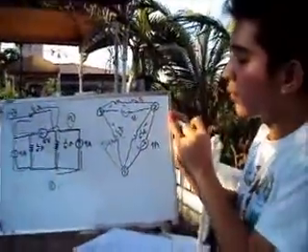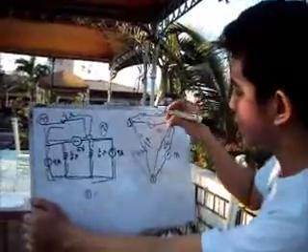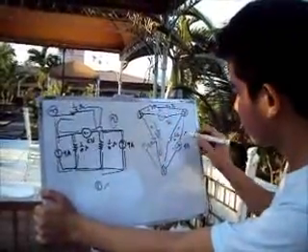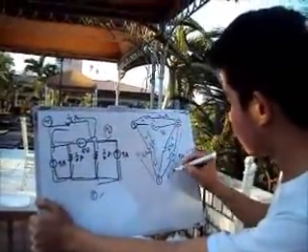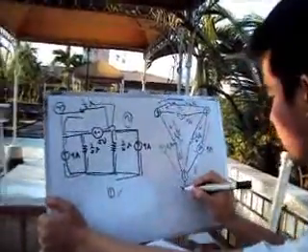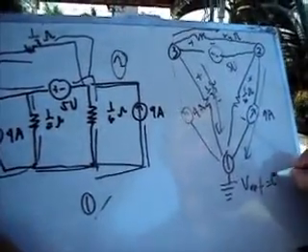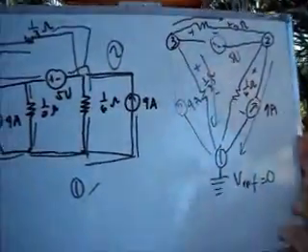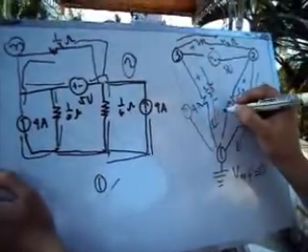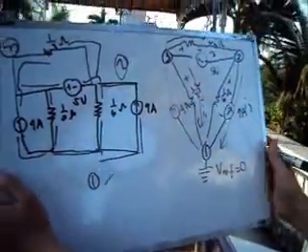For easy solving also, let's assign the currents entering the positive. And here, this is all our voltage reference, which is equivalent to 0, or our ground. So I'll name these I1, I3, and I2.